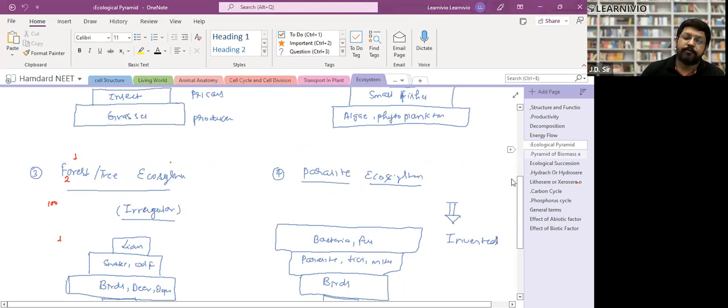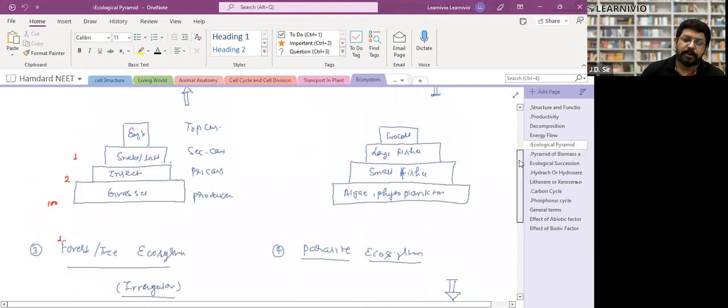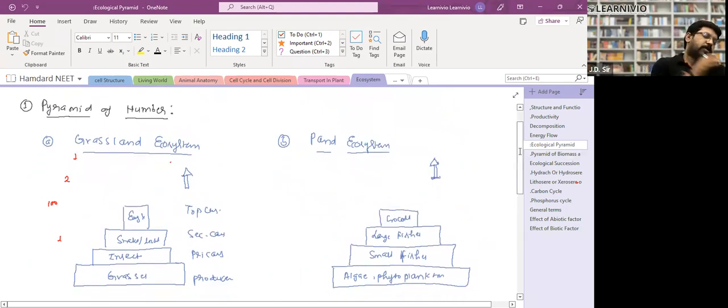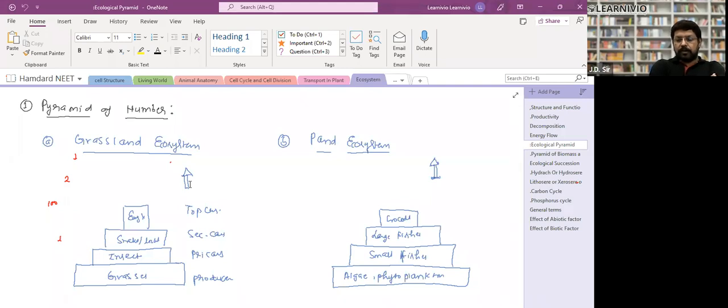Now, in pyramid of number, if you want, you can write it down. In pyramid of number, we always count the number of individuals present at every trophic level.